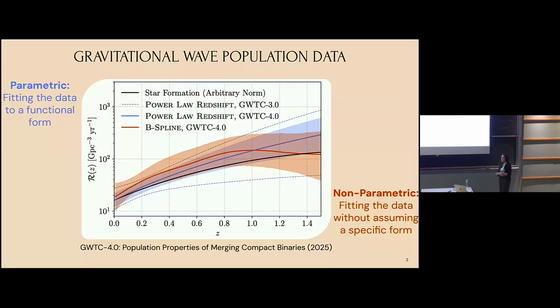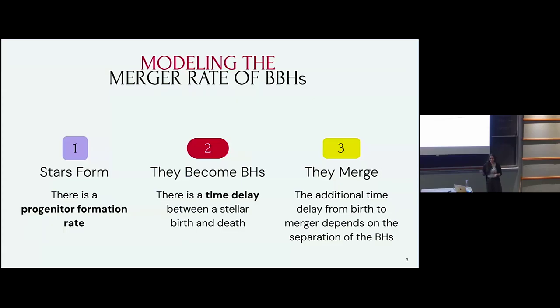And this is the orange line in this plot, which was computed using splines. And so in this project, I am focusing on non-parametric curves because they're data-driven, and I'm trying to see what the data is telling us about the formation of these black holes. This was introduced in the last two talks, so thank you to those speakers.